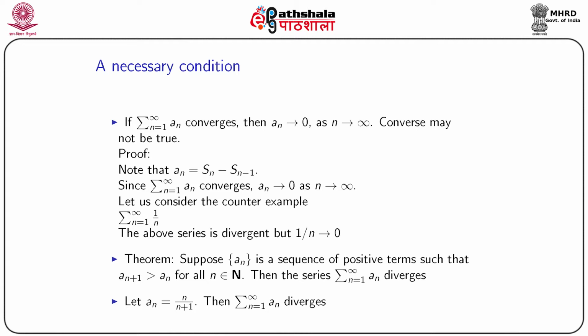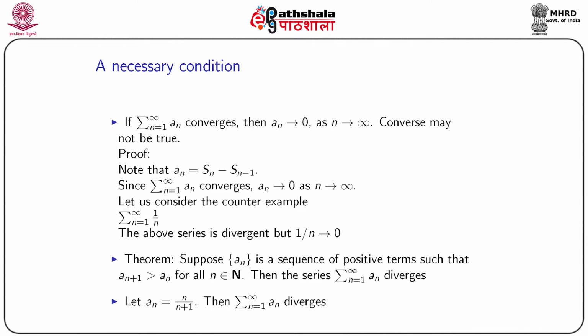The proof is not very difficult. An can be written as Sn minus Sn minus 1. Take n equal to 2. How to get a2? I can write a2 as s2 minus s1, because s2 is nothing but a1 plus a2 and s1 is a1. So s2 minus s1 is a1 plus a2 minus a1. So a1 gets cancelled and we are left with a2.